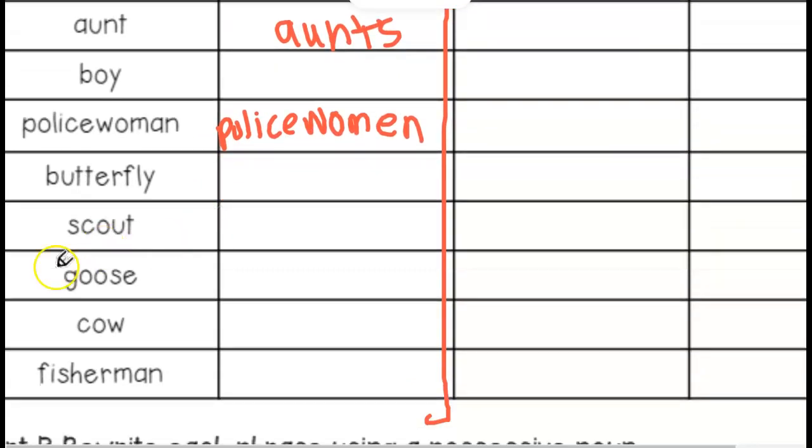Let's look at another weirdo. We have goose. You have one goose or many geese. Now, fisherman is similar to policeman. You'll just have to change the A to an E to make it plural.